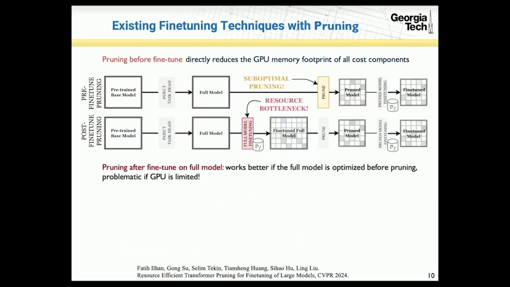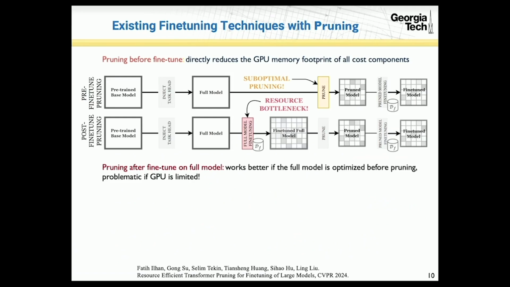What we look at is a pruning approach: how existing fine-tuning approaches use pruning to reduce the memory footprint, what the problems are, and then we propose some solutions to mitigate them. If you look at pruning and fine-tuning, there are two modes representing two families of research. One is pre-fine-tuning pruning.